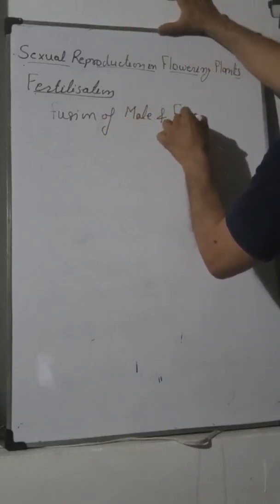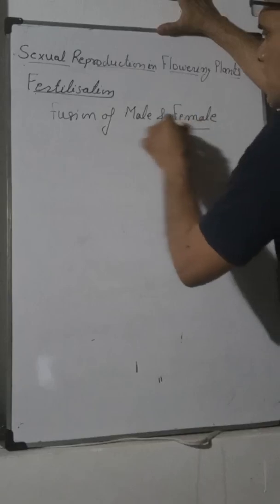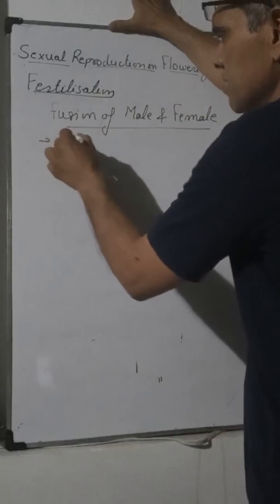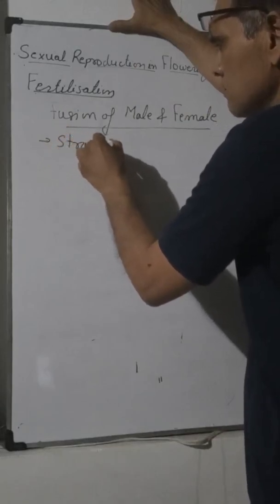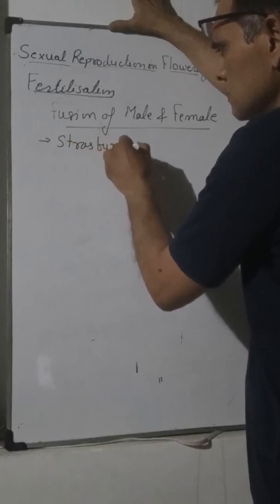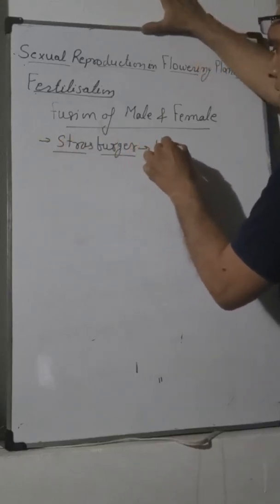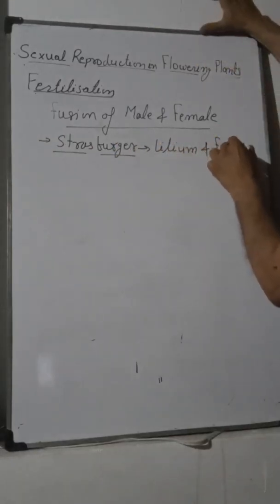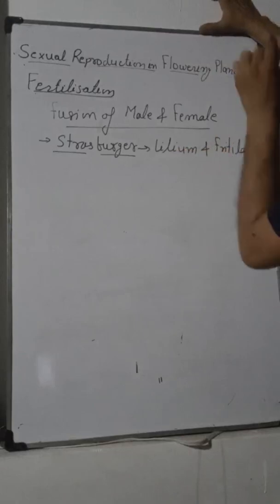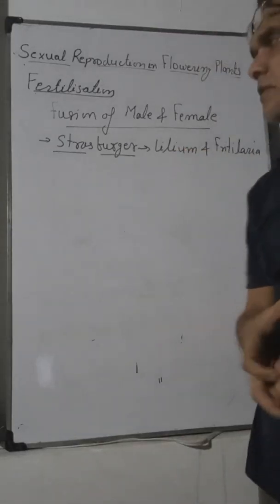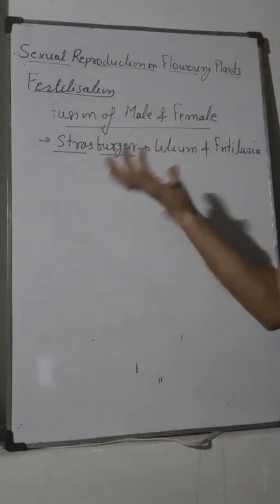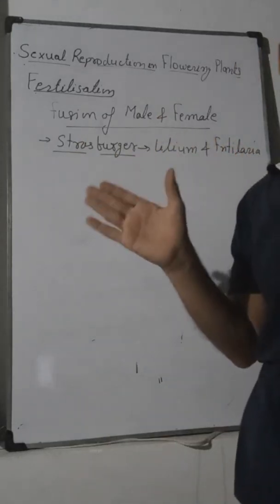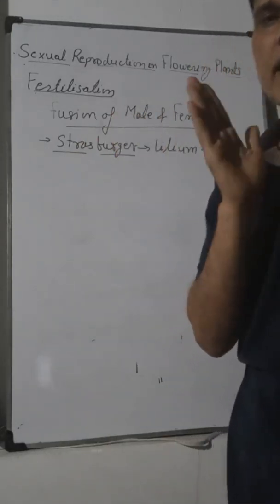Fertilization was first investigated by Strasburger in Lilium and Fritillaria plants. That is, fertilization means fusion of male gametes and female gametes.